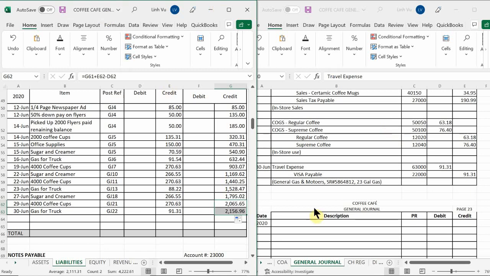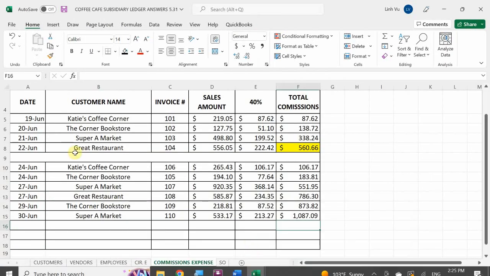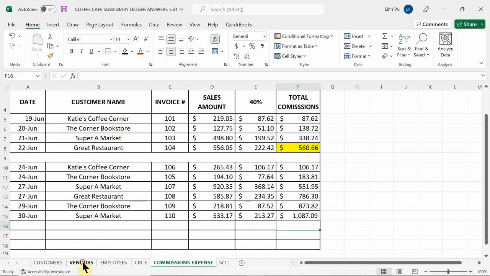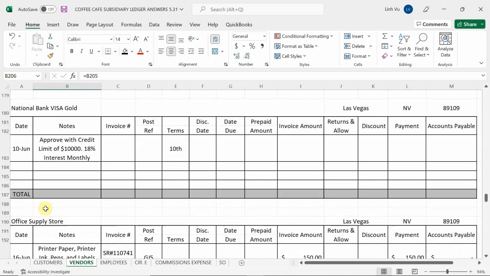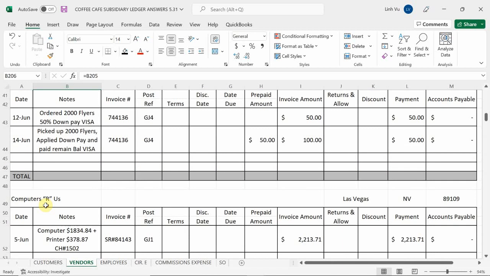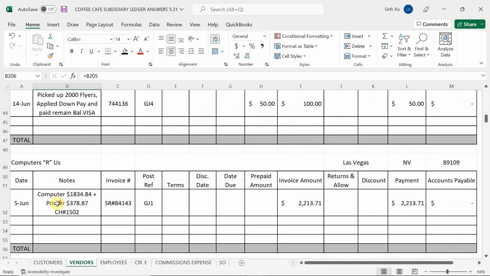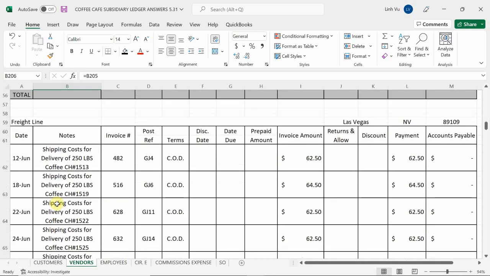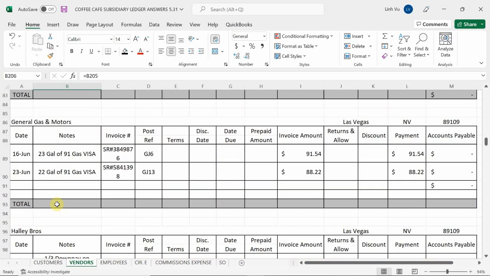Okay. And then we go to the subledger to note that we bought the gas from that vendor. Yes. It's mostly for your credit card. Oh, I'm on the wrong one. Vendors. I know, it's all right. Vendors, where's my Atlas, no, freight, furniture. There you go, General Gas and Motors.